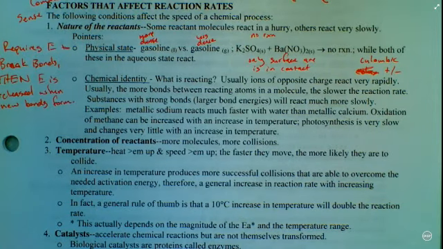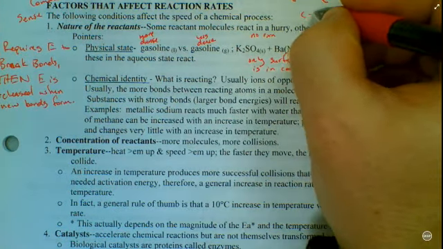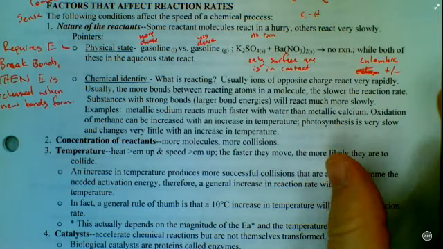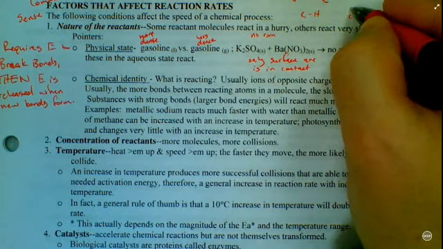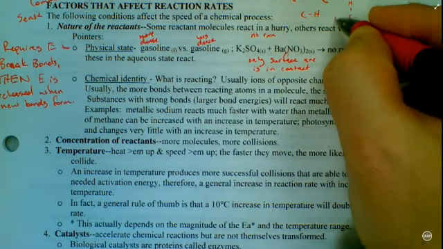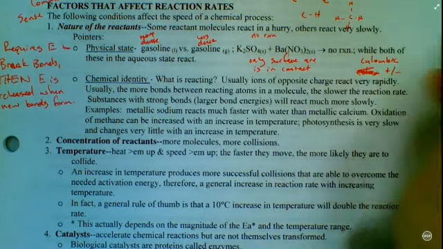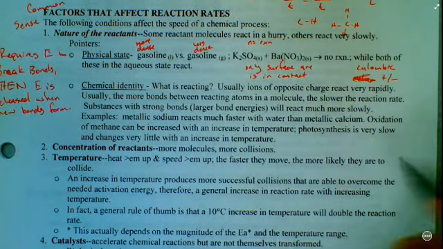Usually, the more bonds between reacting atoms in the molecule, the slower the reaction rate. Okay, so if we have a simple carbon-hydrogen, there's only one bond to break versus maybe 4 bonds to break, like in this methane that I'm drawing right here.